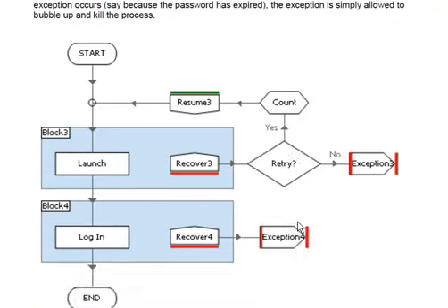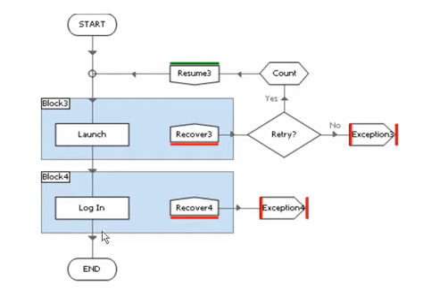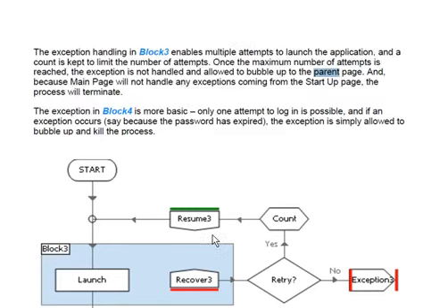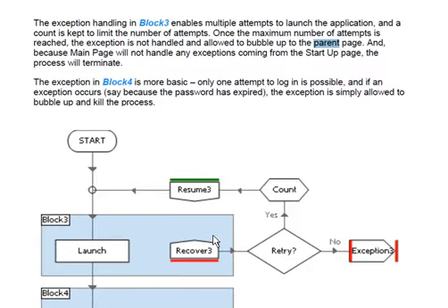Here you can see the entire diagram, block 3 and block 4, and how the exception has been bubbling through the recover and resume stage with the block stage. Usually these exception bubblings happen when exceptions are not handled in the proper way, so they are allowed to bubble up to the parent page.